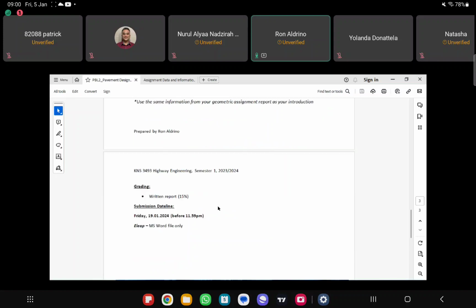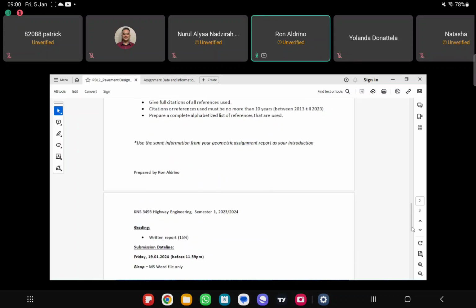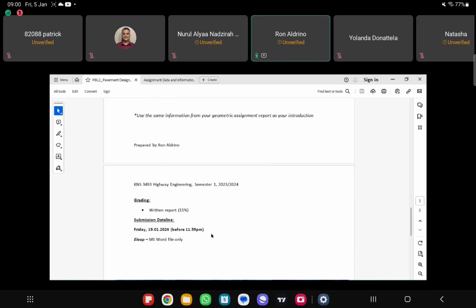Sorry, for the first part, let me clarify again. The submission is a Word file, not PDF. If you are using the nomograph and so on, and you need to scan, then scan it into your Word file. So compile it, and I will inform you again about the file name for the submission.